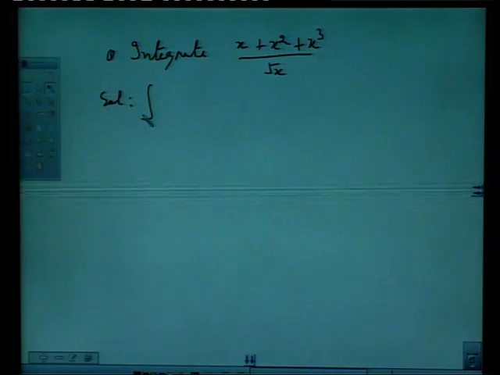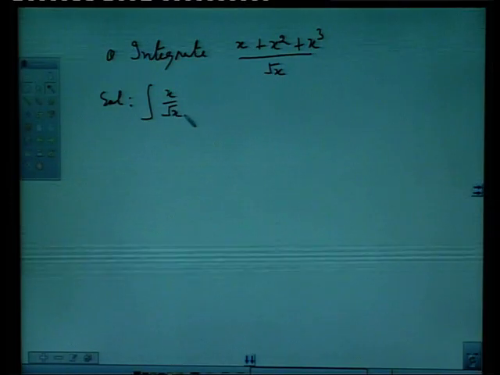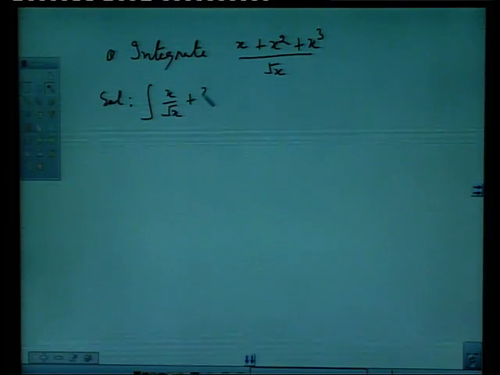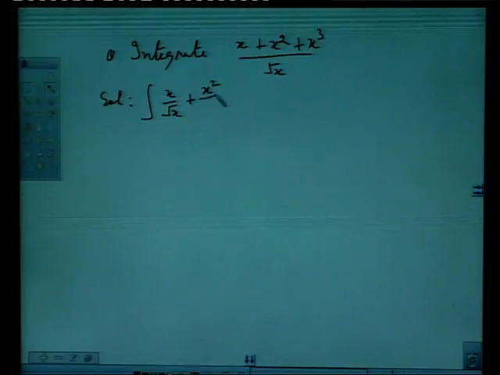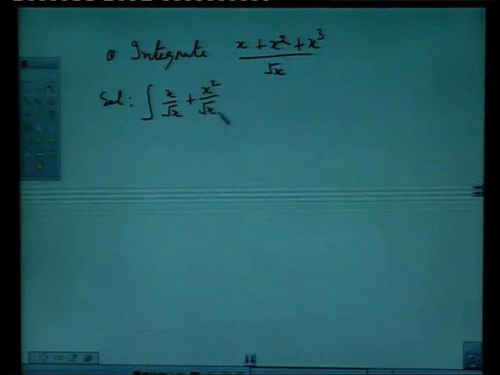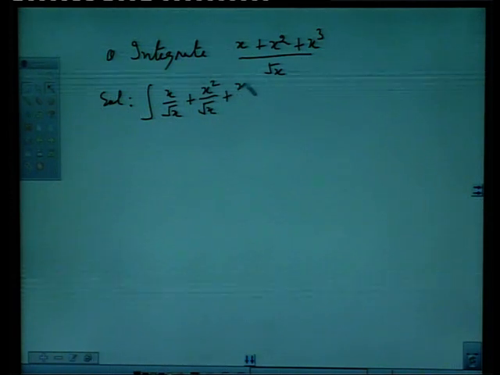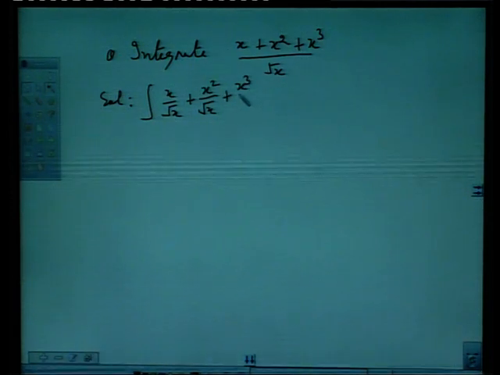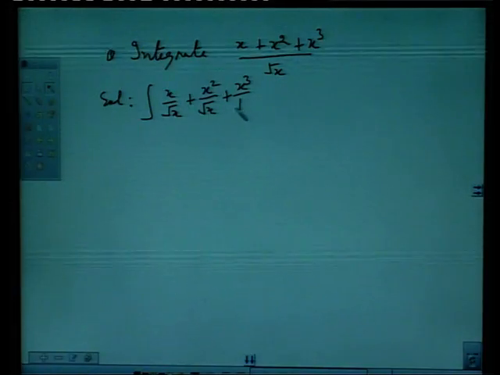And we write the sign of integration, it becomes x upon under root x plus x square upon under root x plus x cube upon under root x.